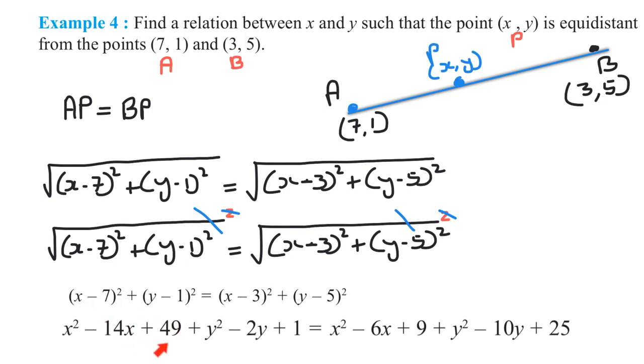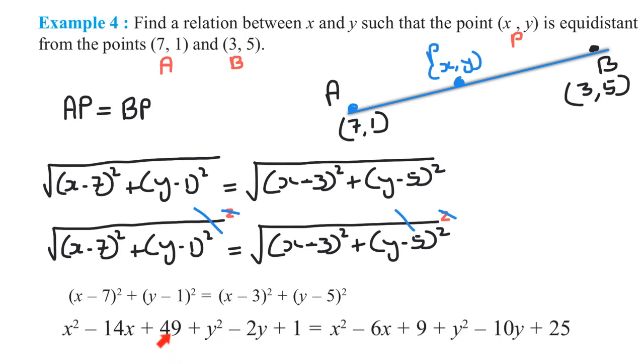That's for this. Plus y minus 1 the whole square, when you expand, you get this, equals x minus 3 the whole squared, when you expand, you get this, and y minus 5 the whole squared, you get this. Now you can cancel out the common factors. X squared cancels with x squared, y squared cancels with y squared.